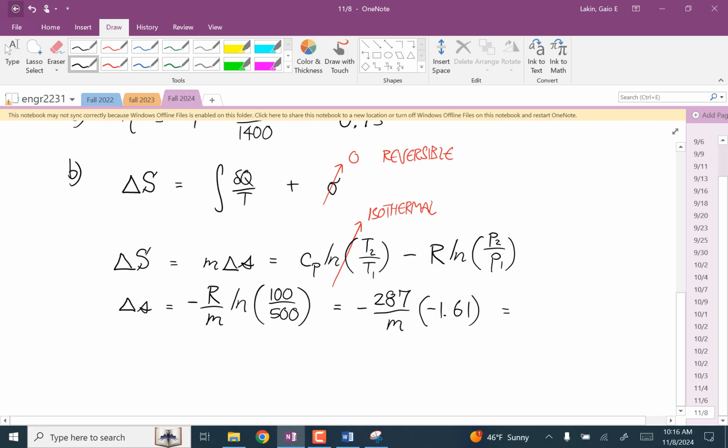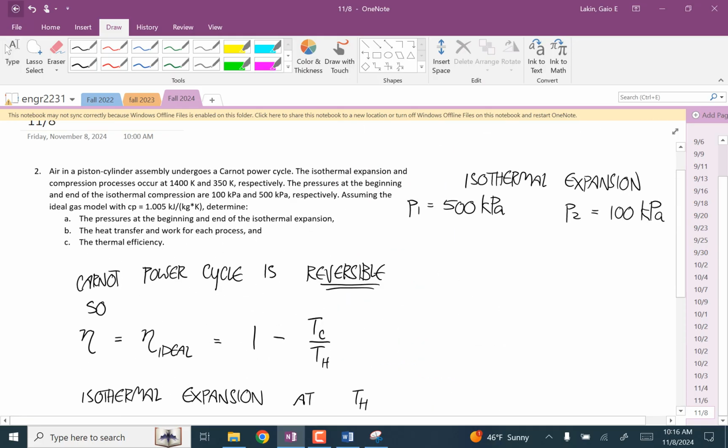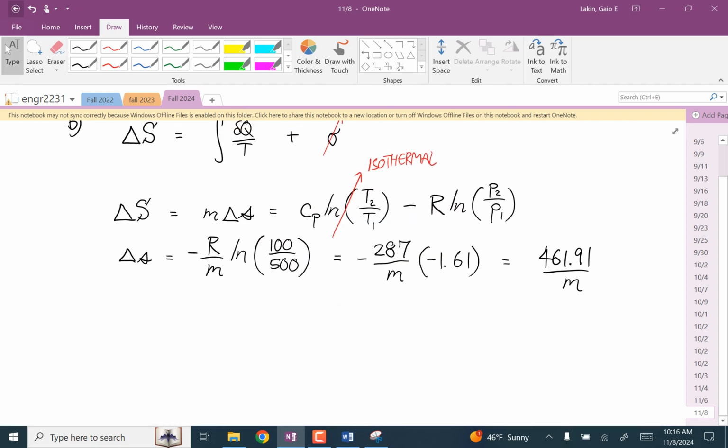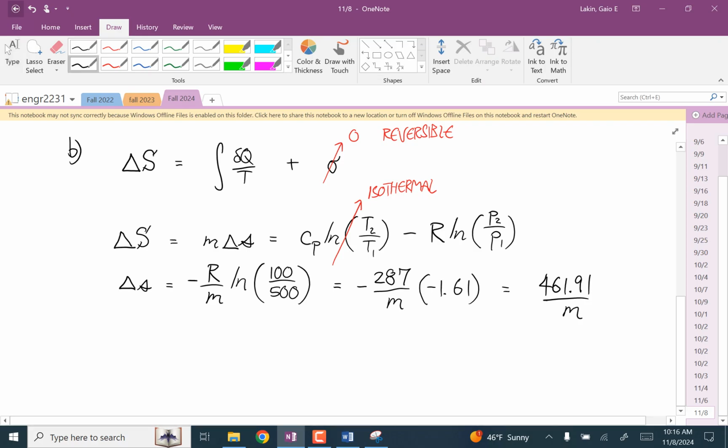And so this is 461.91 divided by m. Okay, so that is the change in specific entropy.